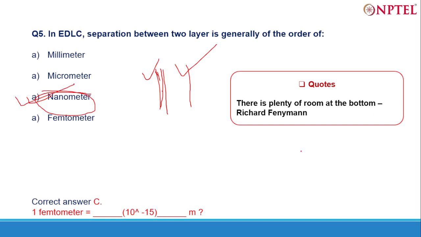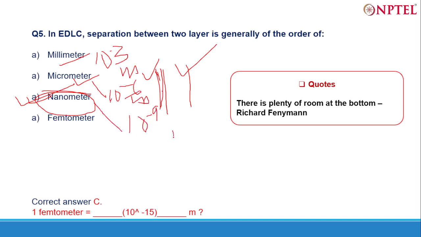The options were millimeter, micrometer, 10 to the power minus 6 meter, nanometer, which is 10 to the power minus 9. And femtometer is even smaller than a nanometer: the femtometer is 10 to the power minus 15 meter.